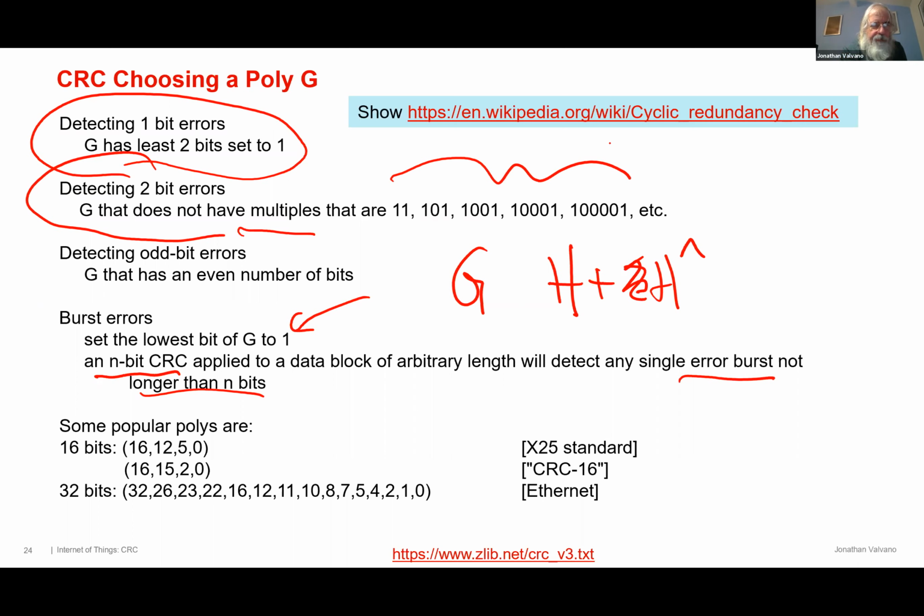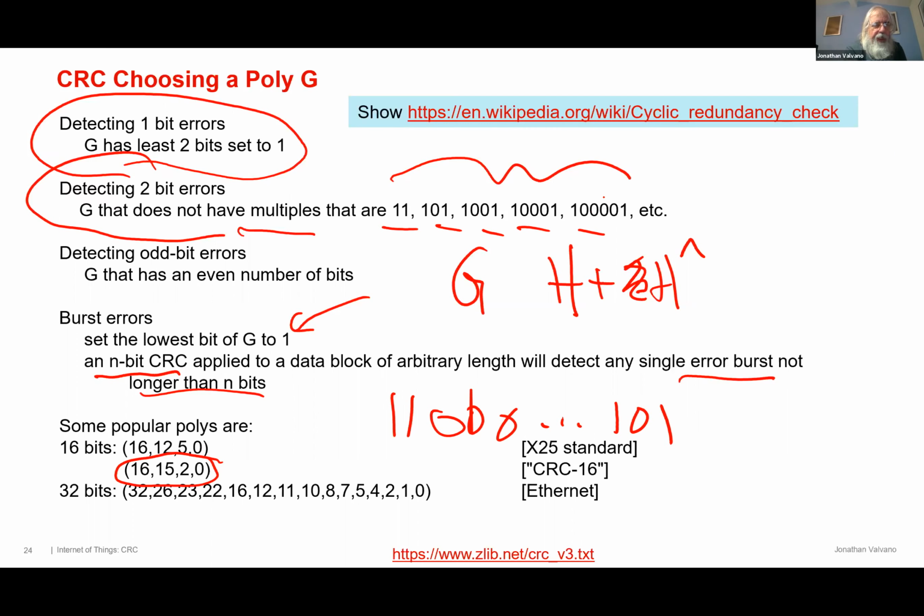But if you look at this CRC here, 1 1, a bunch of zeros, a bunch of zeros, 1 0 1, there is not a way to add these up and get that, and so therefore it will detect 2-bit errors.